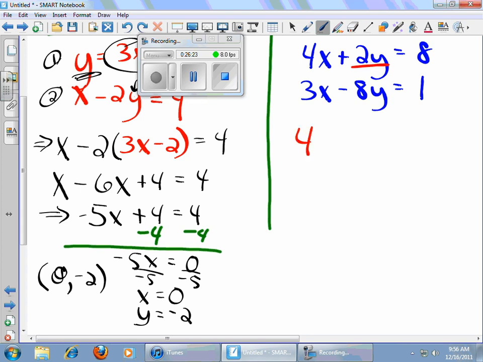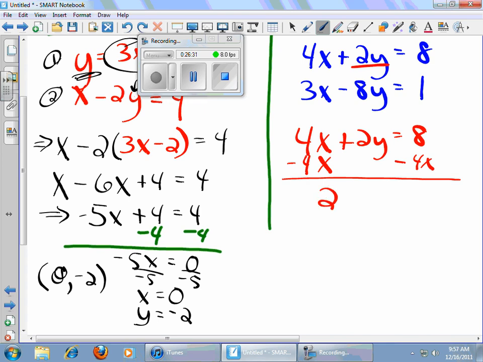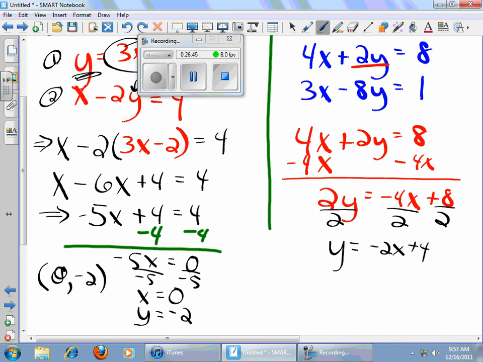So I've got 4x plus 2y equals 8. I'll subtract 4x from each side. And then 2y equals -4x plus 8. All right. And then I will divide by 2. And then y will equal -2x plus 4.